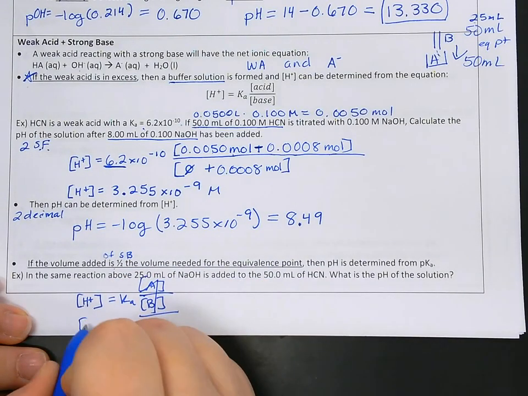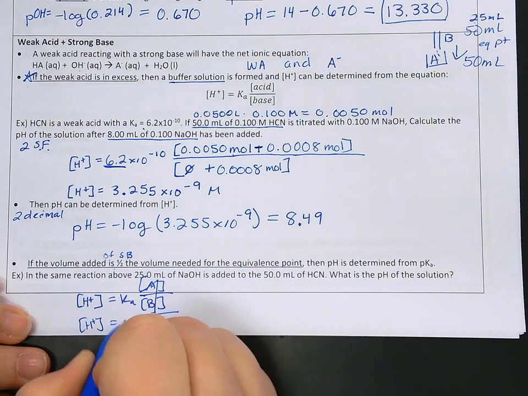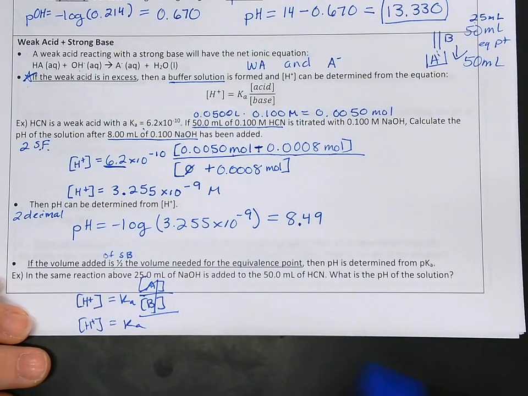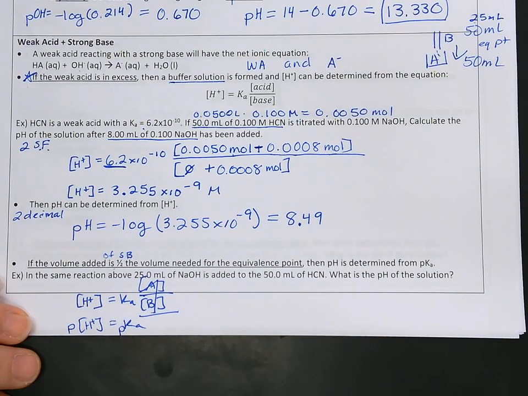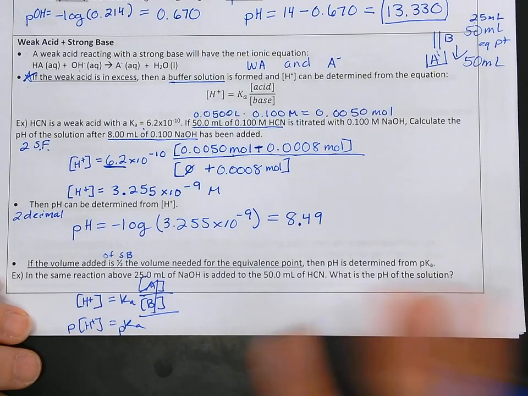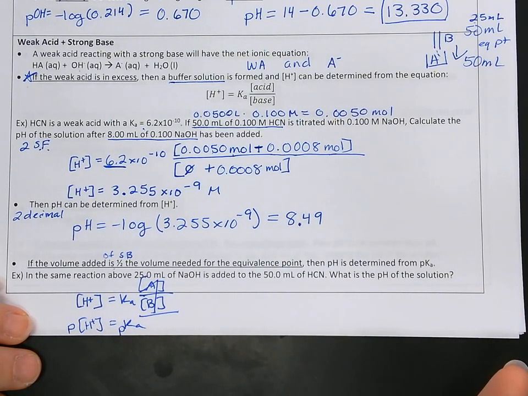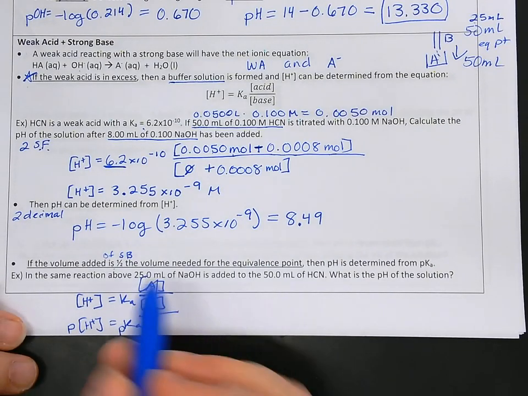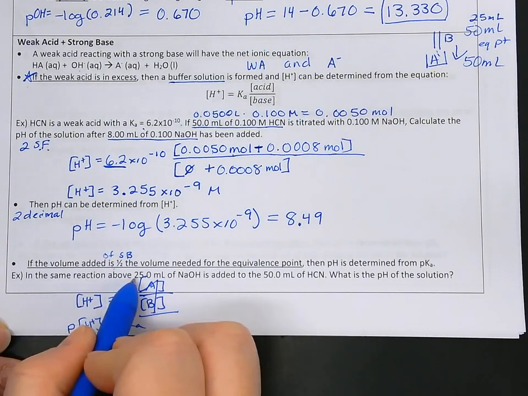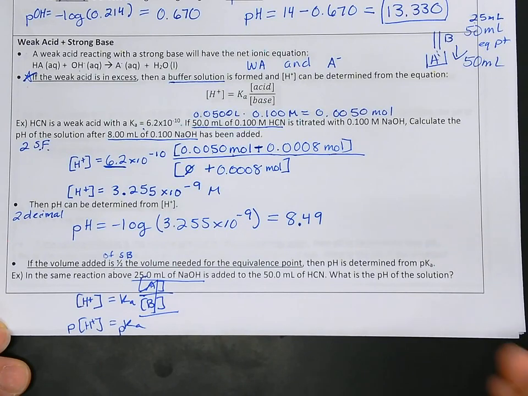We get hydrogen ion equals the Ka value. If we take the P of this, we get pH, and we take the P of this, we get something called pKa. What are we doing when we take the P? We're doing the negative log. So this is a shortcut. Love this shortcut. It says in the same reaction above, 25 milliliters of sodium hydroxide is added to 50 milliliters of HCN.